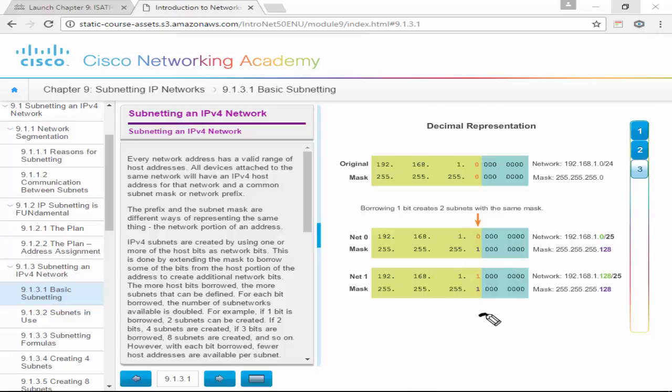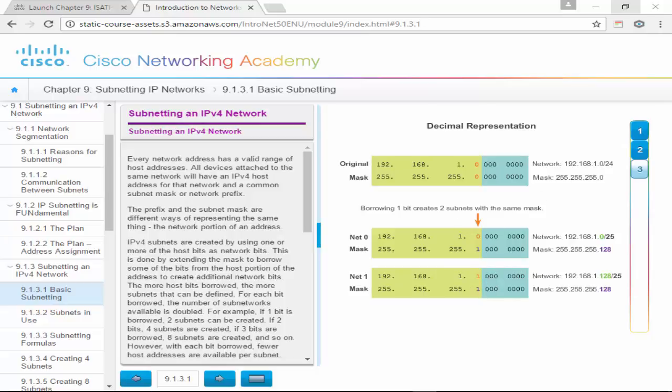Our subnet now has 2 to the power of 7, which is 128 hosts, and if we had 8, it would be 256. So between 192.168.1 and 192.168.2, there are 2 subnets now by borrowing 1 network bit here.